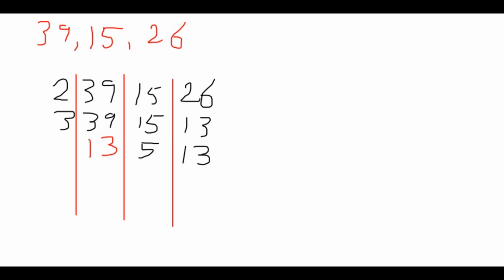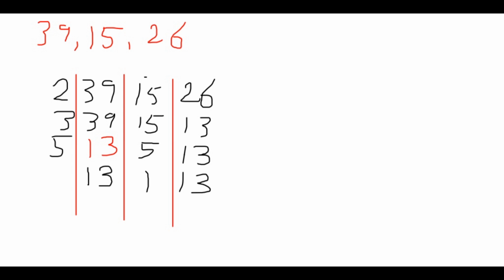And since 13 is a prime number, the only number that can divide 13 is 13 itself. So next we are going to divide by the next smallest prime number, which is 5. 13 divided by 5 won't work, so we just bring down 13. 5 divided by 5 is 1.